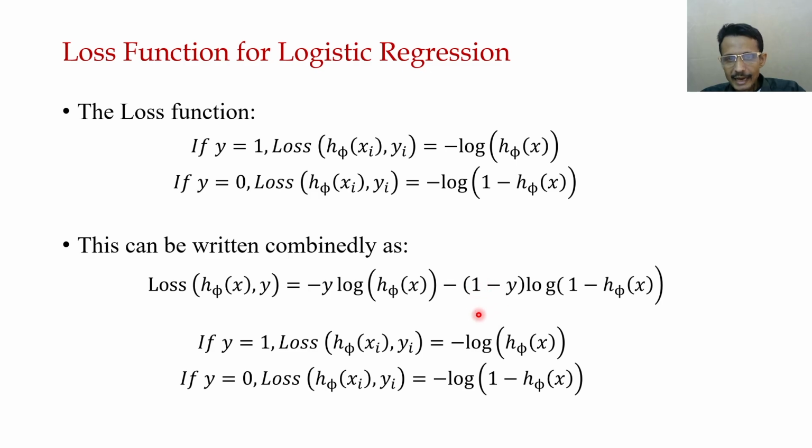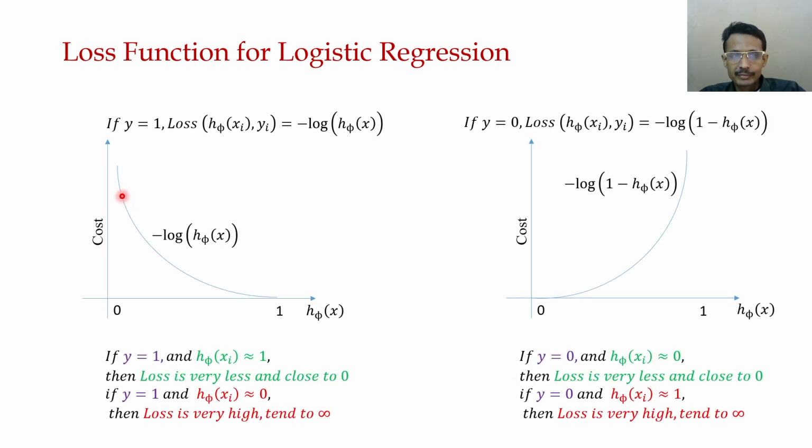So the basic idea is that by using this we can write the equation in a combined form. Another thing: if we define our loss function in this way, the error surface is more or less convex in nature.